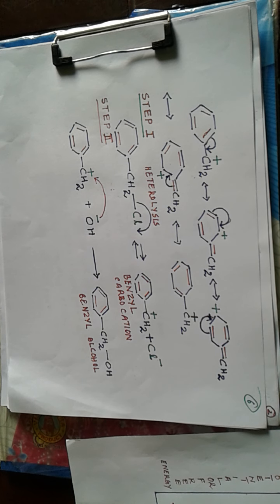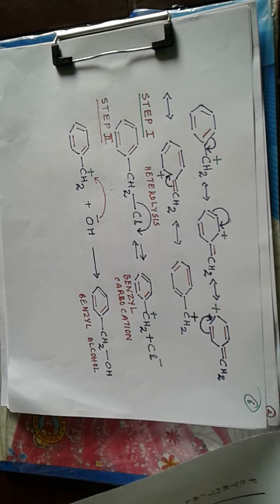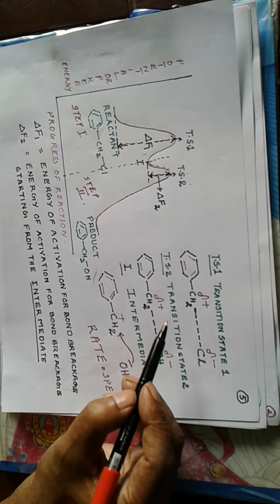So when the hydroxide ion forms a very weak, partial bond in the initial stage with the positive CH2, it will have a longer length, and the positive charge over the carbon is reduced to delta positive and the negative charge is also reduced to delta negative.